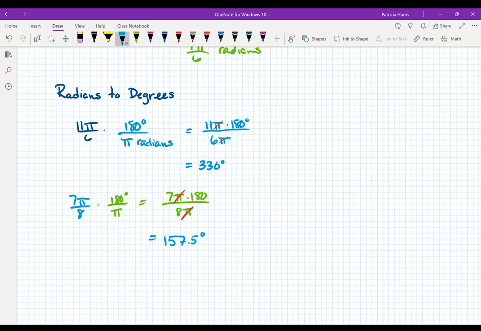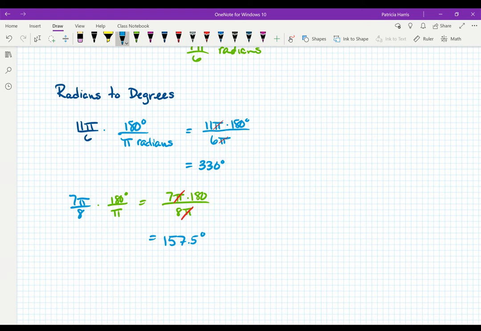Now, it should be noted that the radian measure is actually based on an arc length of a circle. There's a formula that says the arc length is equal to the radius times the angle theta. So that is what we use to determine the radian measure.